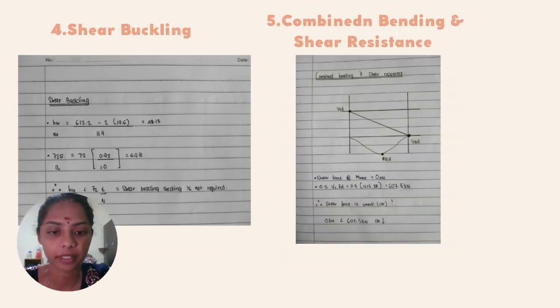Shear buckling. HW divided by TW equals (612.2 minus 2 times 19.6) divided by 11.9, which is 48.15. So HW divided by TW, shear buckling checking is not required.